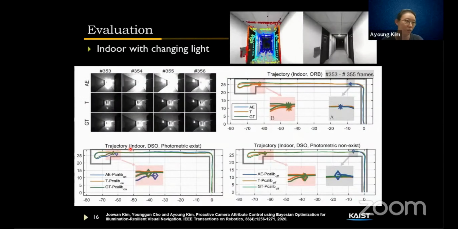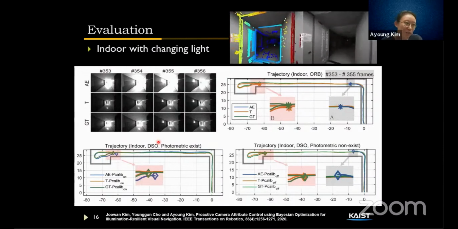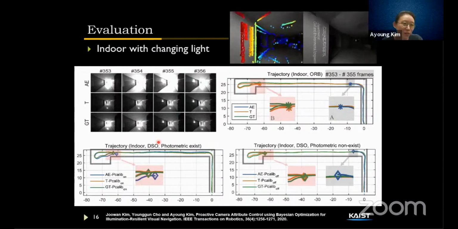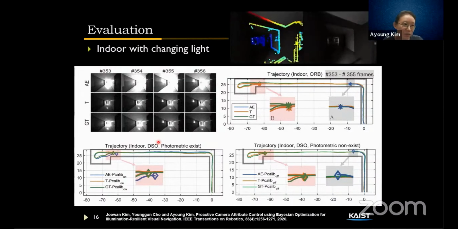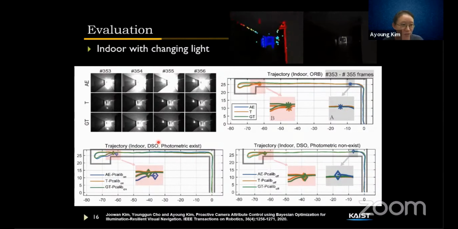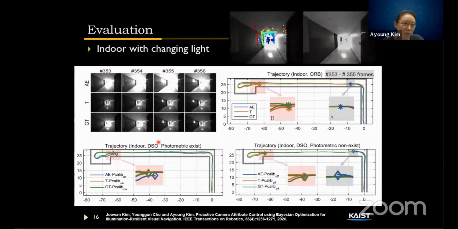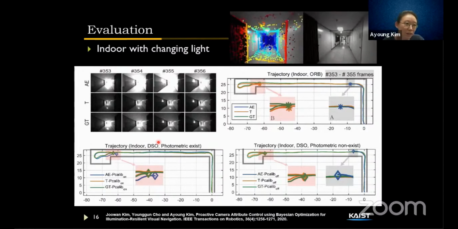Okay, so we have tested this one, unfortunately not underwater, but in most indoor or outdoor cases when the light suddenly changes. This is our building, and at night, our building has a sensor system. As we walk, if it detects a motion, it turns on the light at nighttime.